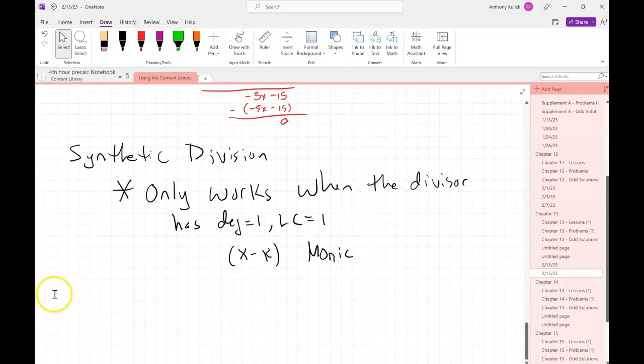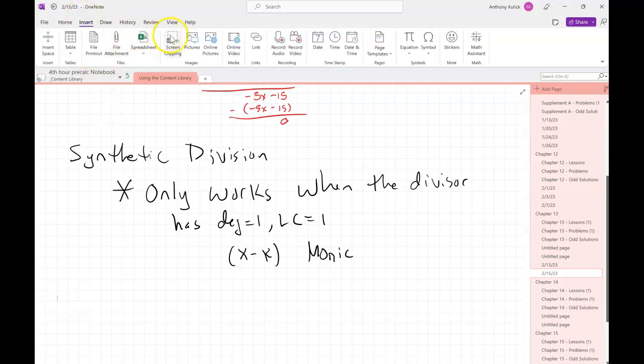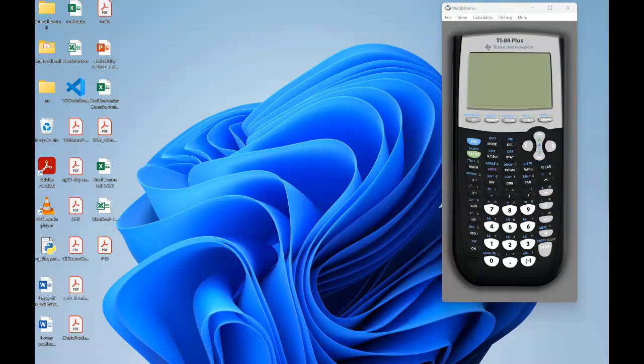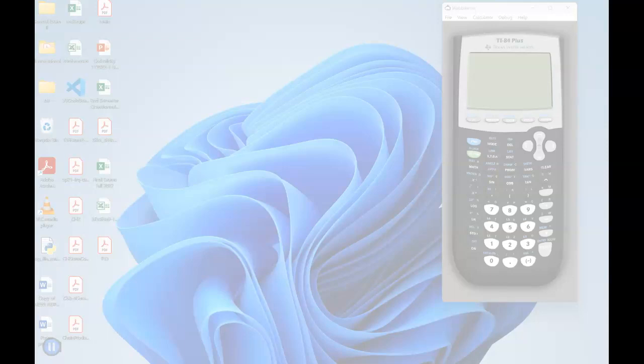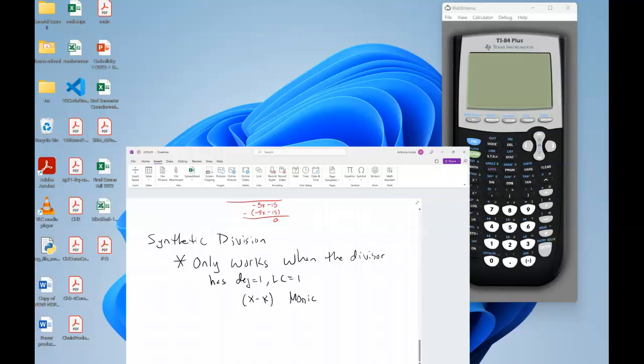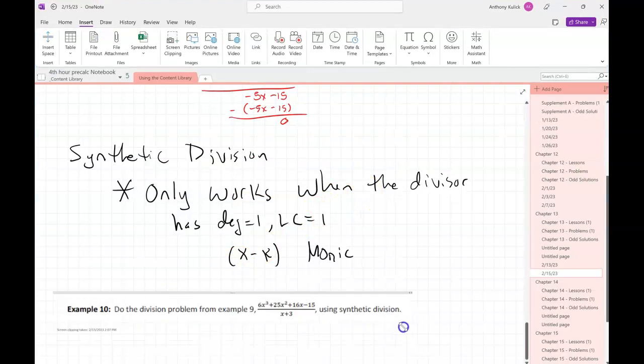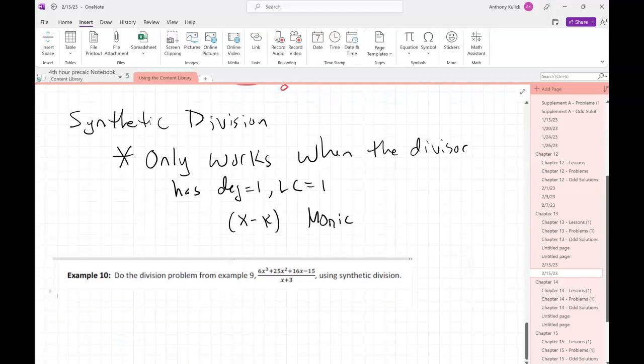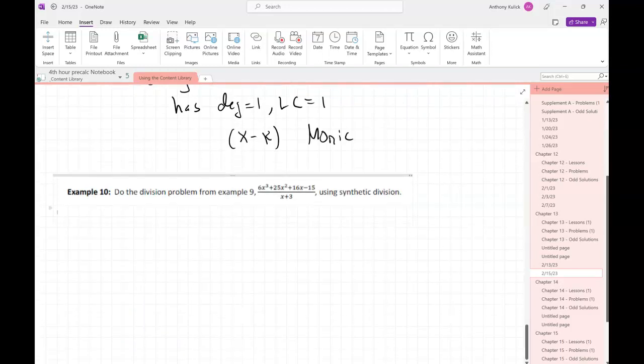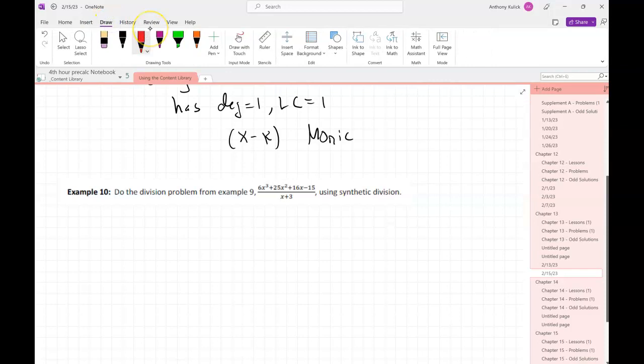All right, let's run through this synthetic division process. Again, I think this was something you guys did last year, right? But it's been a minute, so let's run through this to make sure we still got it.